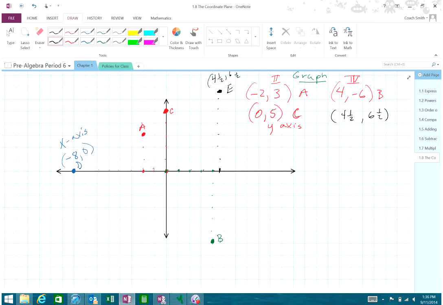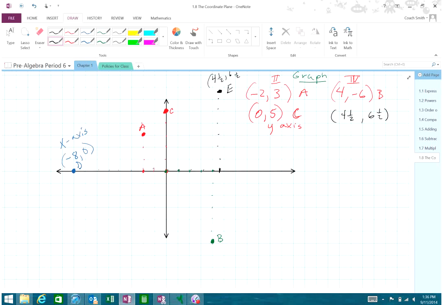Joshua? So, if you have 0, and then, say, -4, would you put -4 first? No. If you have 0, -4, here's 0. So I'm at that coordinate. -4, you would go 1, 2, 3, 4, and so the point falls on the y-axis. So anytime the first number is 0, it's going to fall on the y-axis.